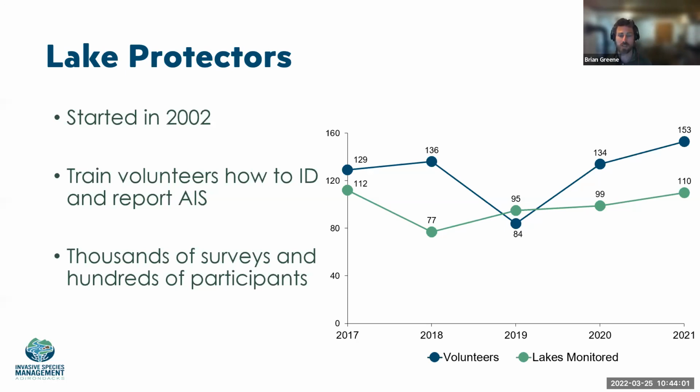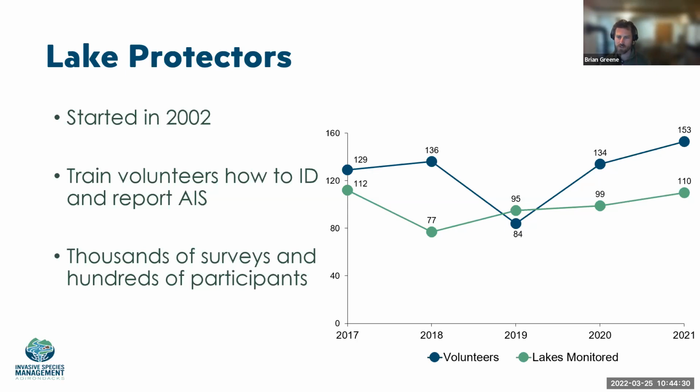We currently focus on 14 species. These are species that you've probably heard of: Eurasian water milfoil, hydrilla, variable leaf milfoil, also plants. I mean, those are plants, but also animals and zooplankton, things like spiny water flea and zebra mussels. We've had thousands of surveys that people have completed and hundreds of participants.